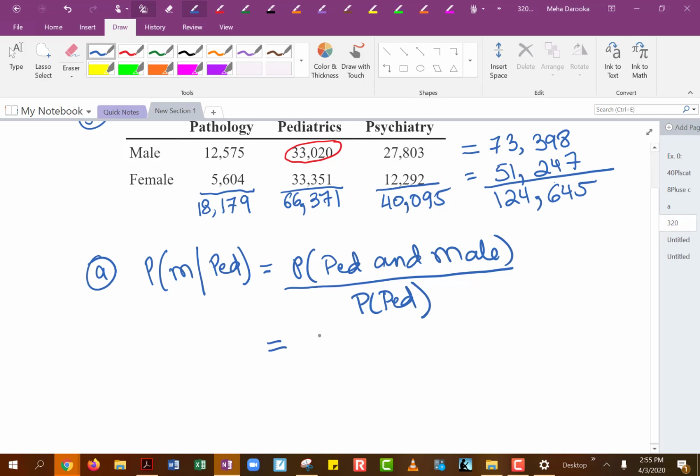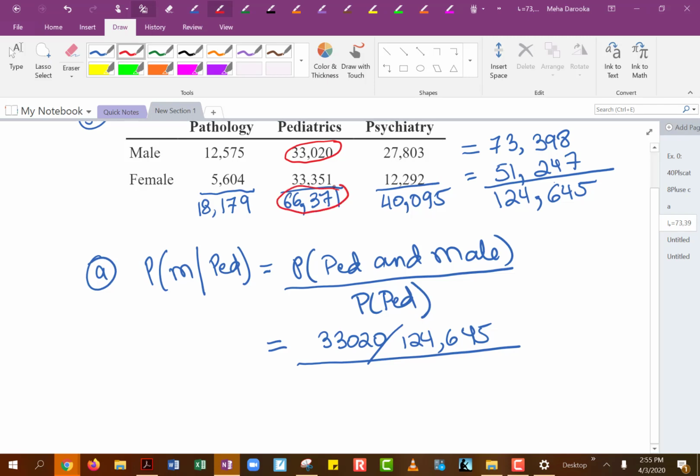33,020. And remember, that's going to be over your grand total of 124,645. And then we are dividing this by the total number of pediatric doctors.